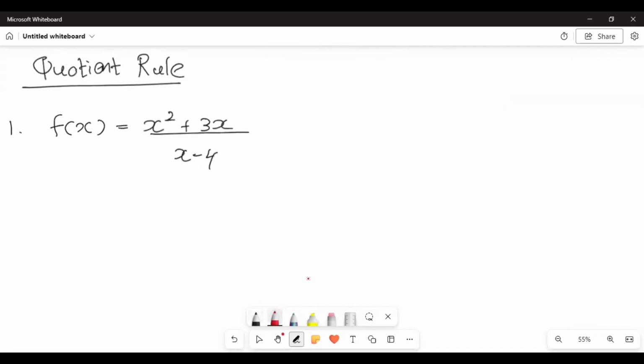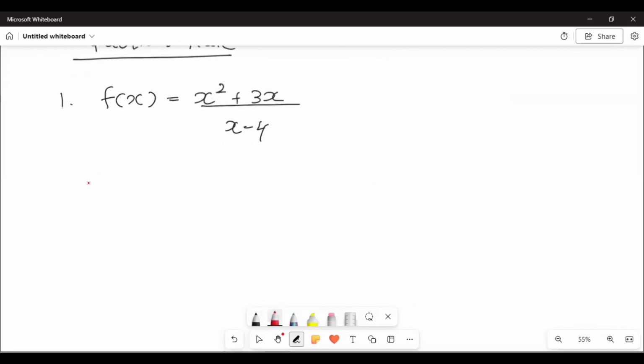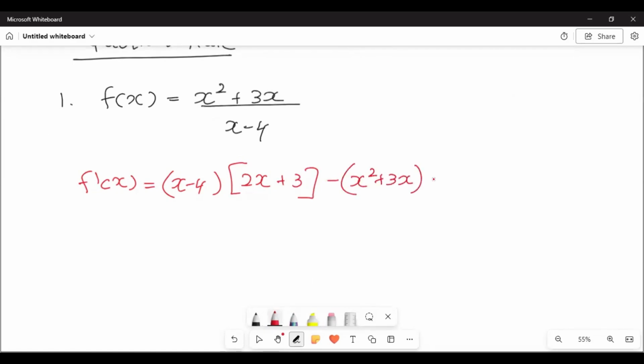So for that, the answer is f dash x equals x minus 4 times 2x plus 3, minus x to the power of 2 plus 3x times 1, divided by x minus 4 to the power of 2.